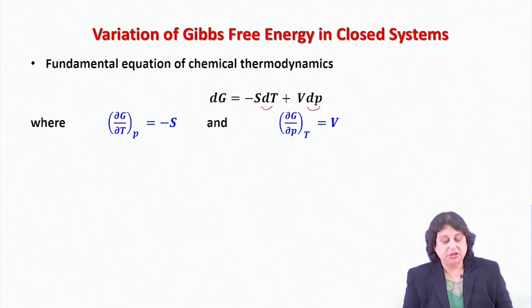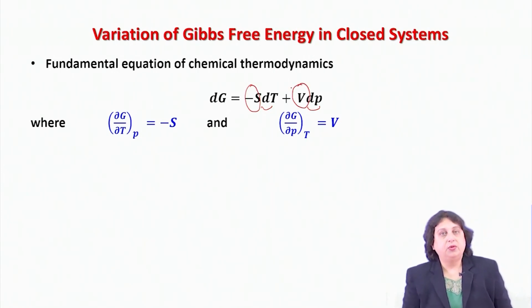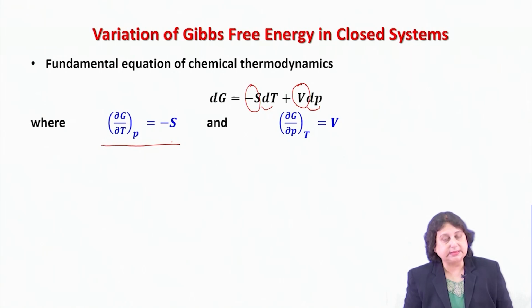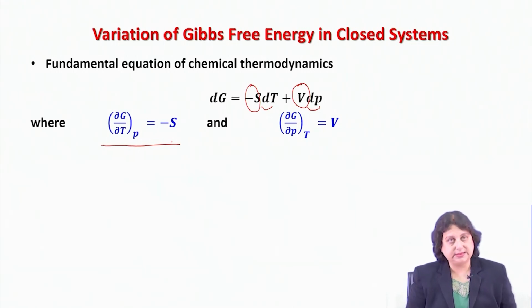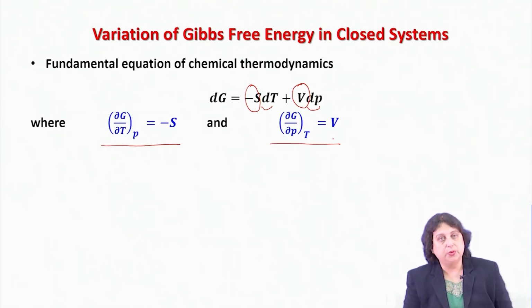Now, the rate at which G changes as a result of changes in T and P obviously depends on the coefficients which appear along with dT and dP in the fundamental equation. So, by definition, I have (∂G/∂T) at constant P equal to -S. What is -S? It is the negative of the entropy of the system. And by definition, (∂G/∂P) at constant T is equal to the volume of the system.